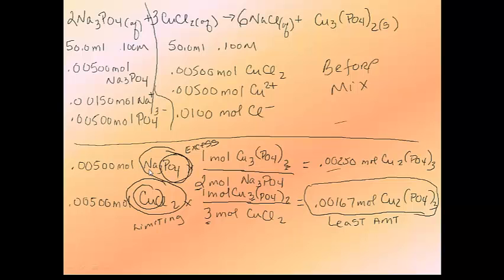The 0.00150 moles of sodium does nothing but swim around. Convert the 0.00167 moles of copper 2 phosphate to mass using molar mass.